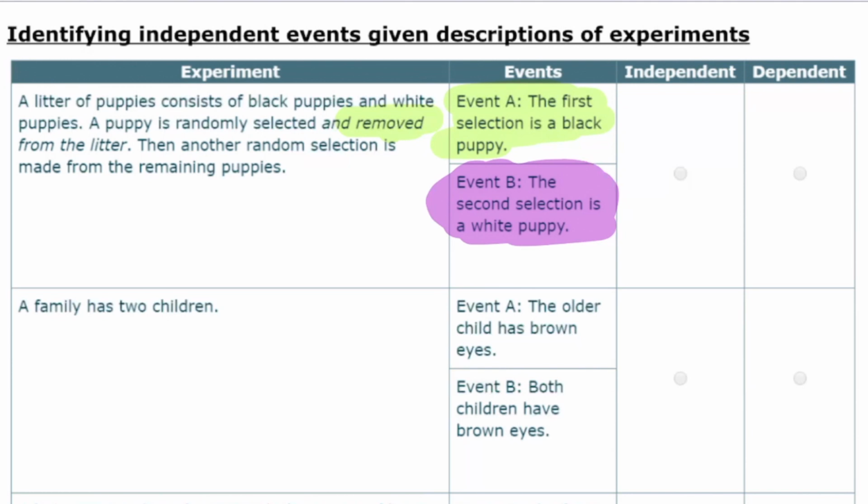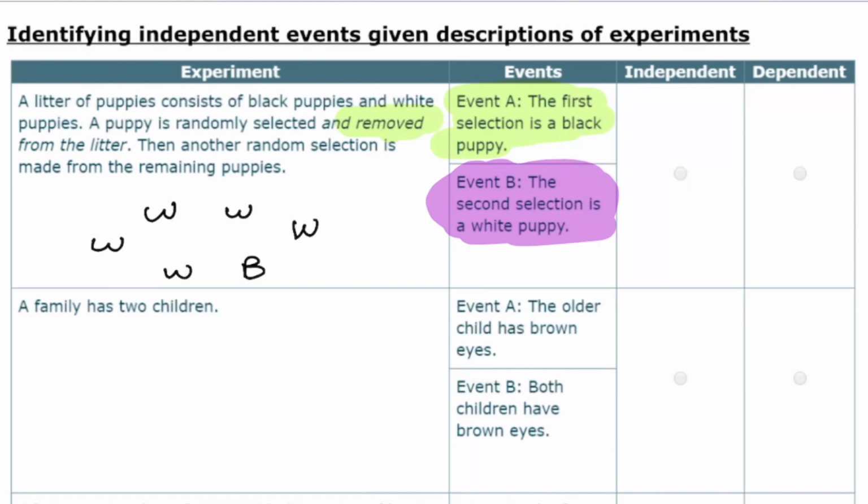So let's think about it like this. What if I had a litter that was full of white puppies except for one? So I have a white puppy, a white puppy, a white puppy, a black puppy, a white puppy, and a white puppy. Well, if this is my litter, I have 6 dogs in this litter.